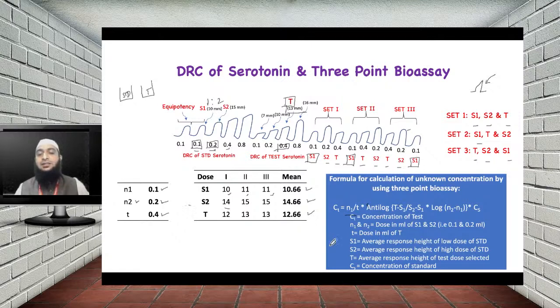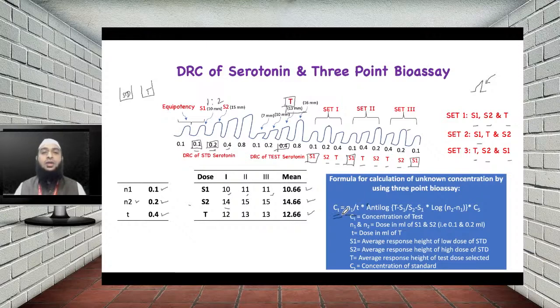And CS is the concentration of standard that we have seen in the experimental condition. It is 10 microgram per ml. So this complete bracket will be multiplied by 10, the concentration of the standard. Once you calculate this, you will get the concentration of the test in microgram per ml.